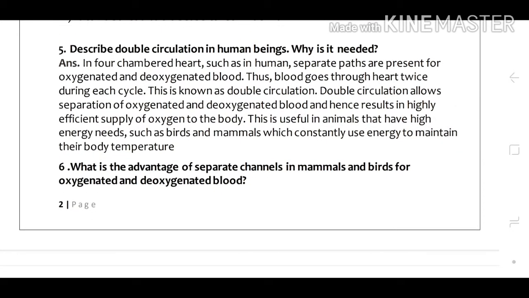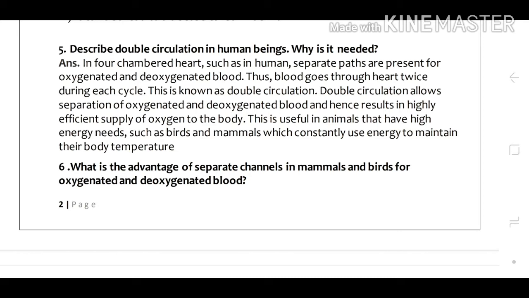Question 5. Describe double circulation in human beings. Why is it needed? Answer. In a 4-chambered heart, such as in humans, separate parts are present for the oxygenated and deoxygenated blood. Thus, blood goes through the heart twice during each cycle. This is known as double circulation.